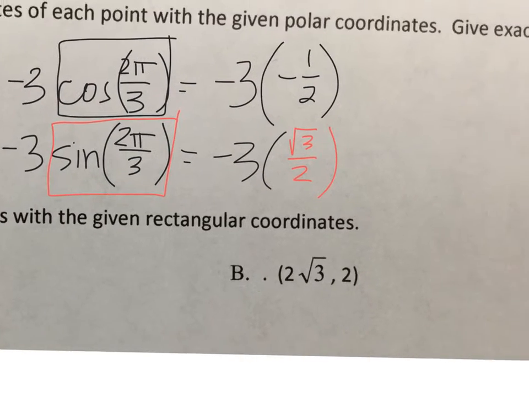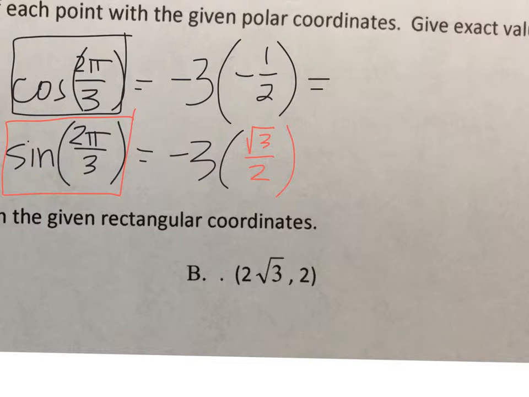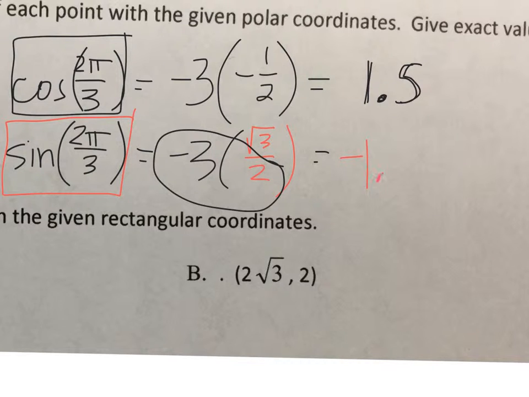So when I do this final multiplication, negative 3 times negative 1/2 is 1.5, or 1 1/2. And if we do this one, negative 3 times root 3 over 2, that's negative 1.5 roots of 3.